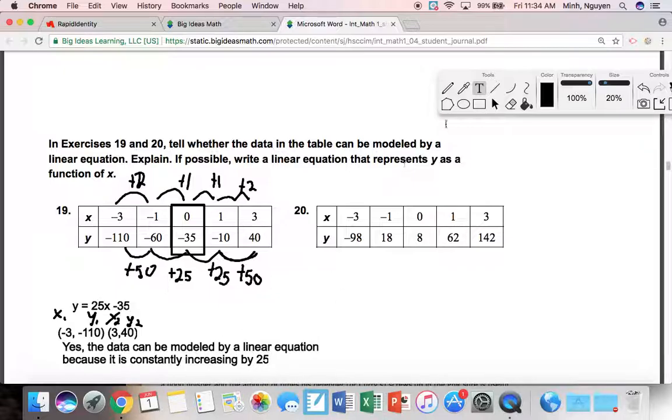Okay, this one, let's see here. We jump up by, wow, 98, 100, 120. And then, wait, did I say that right? -98 to 18 is 98 plus 18.